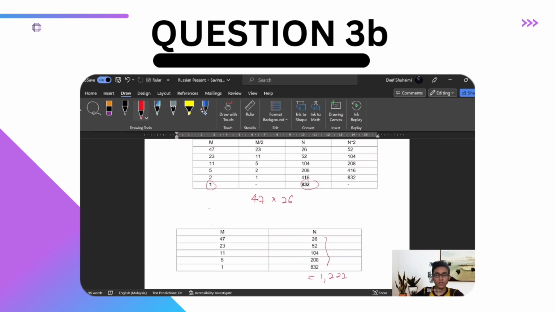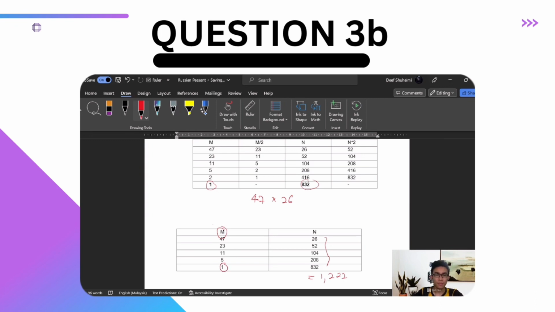So basically, the number of iterations and the order of operands: the order of operands, which refers to the order of multiplication, doesn't affect the time efficiency of the Russian peasant algorithm. This is because the algorithm works by repeatedly halving the first number, which is m, then doubling the second number until the halving operation reduces the first number to 1.